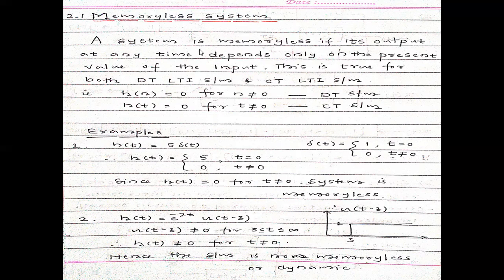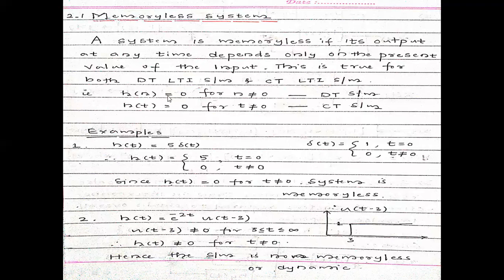A system is memoryless if its output at any time depends only on the present value of the input. And this is true for both discrete time LTI systems as well as continuous time LTI systems. Means the present output depends on only the present input.